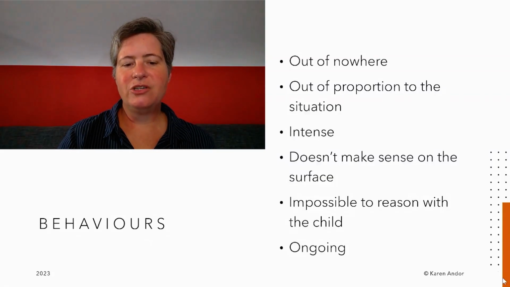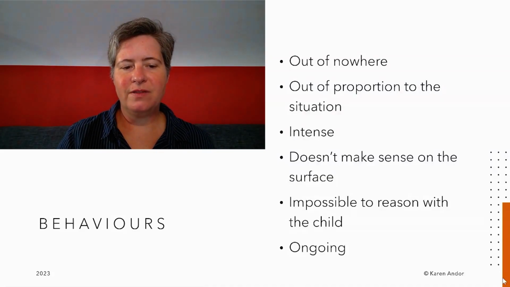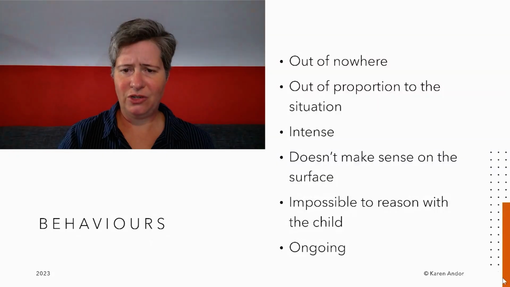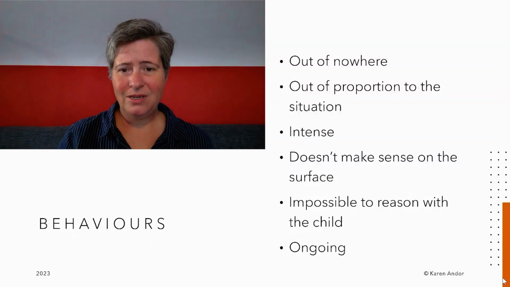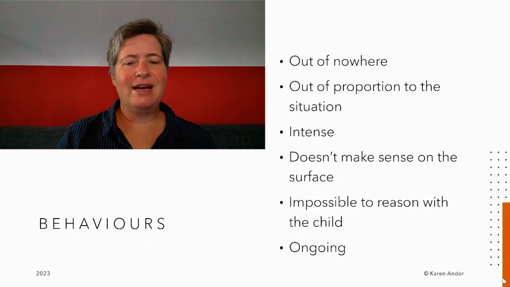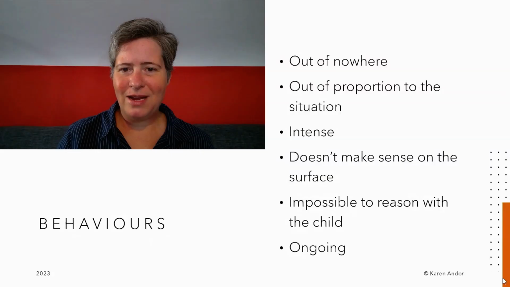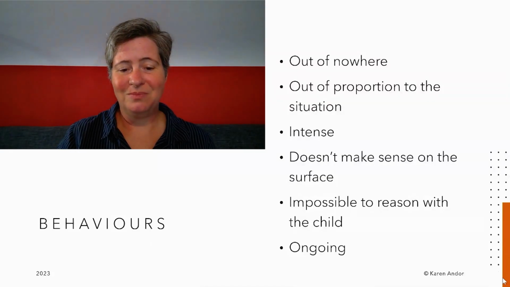So that video I showed you of the teenage girl who was trashing the classroom, probably in that scenario she'd been asked to do some work. So she could have reacted to that in a number of different ways. She could have said, I don't want to do my maths and I'm just not going to do it. She could have just put her head down on the table and refused to work.